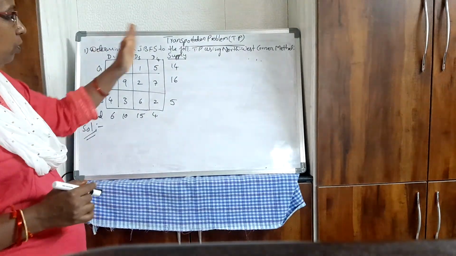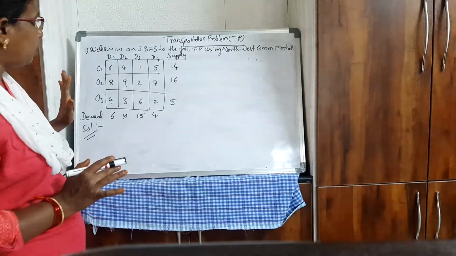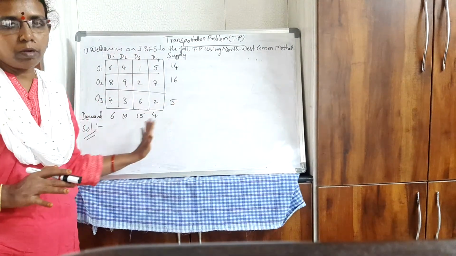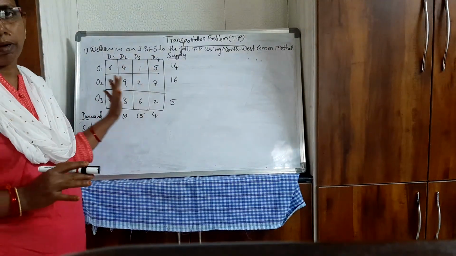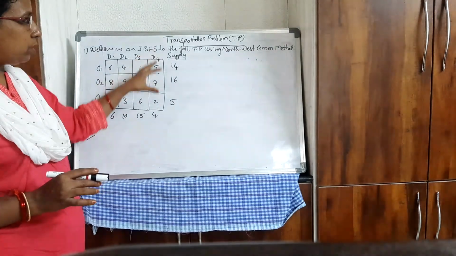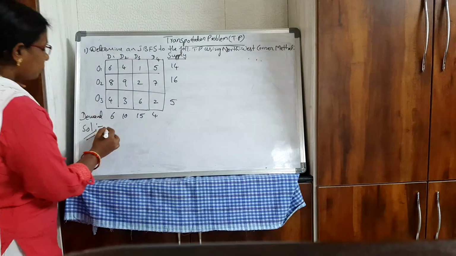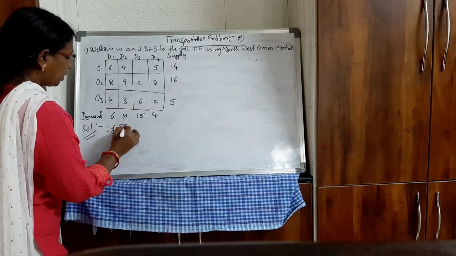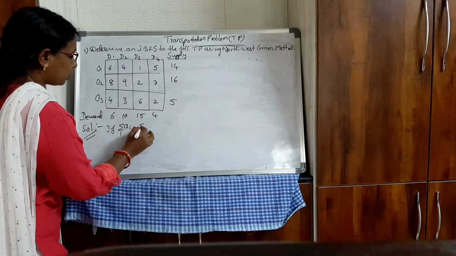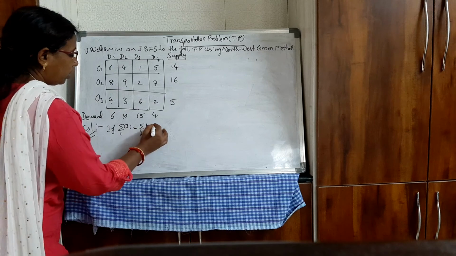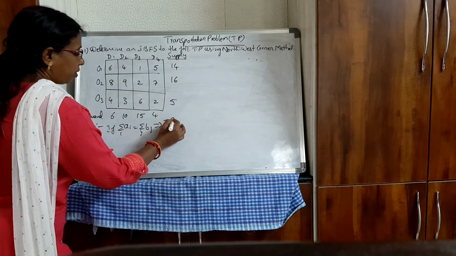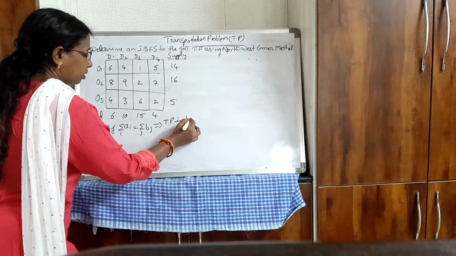Before going to that method, first you have to check whether this transportation problem is a balanced transportation problem or not. How to check? If summation Ai is equal to summation Bj, then the transportation problem is a balanced one.